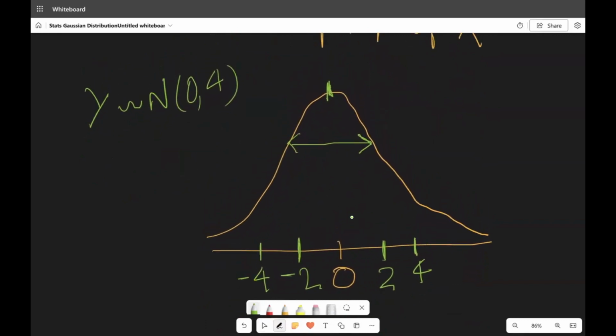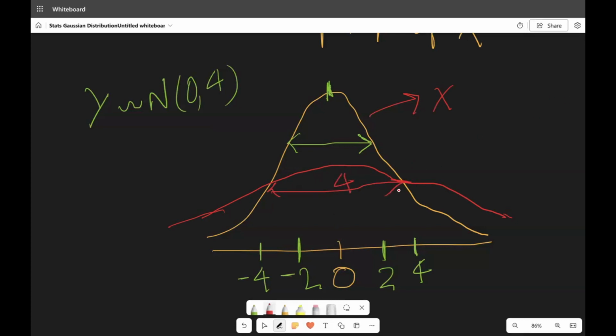Why would my y be fatter? Because y also has a mean of 0 and it has a higher variance. If I plot it, I will get something like this. This is my x. If my variance is higher, my y would be something like this. And this is the variance for y, which is 4 here.